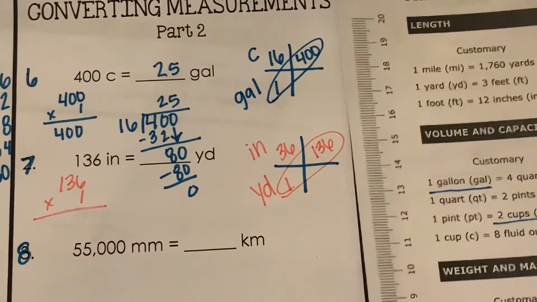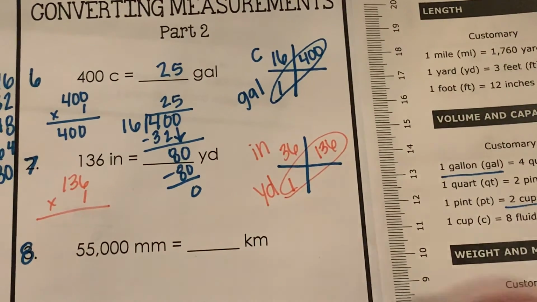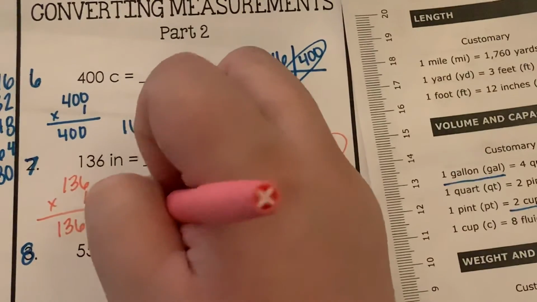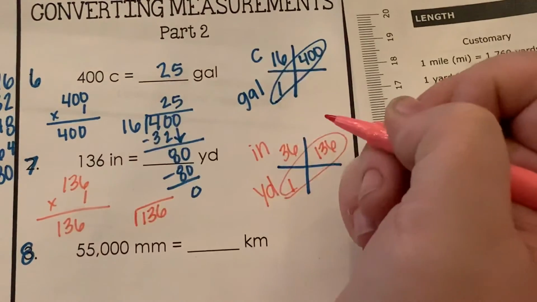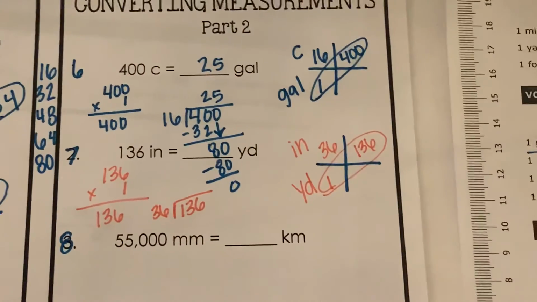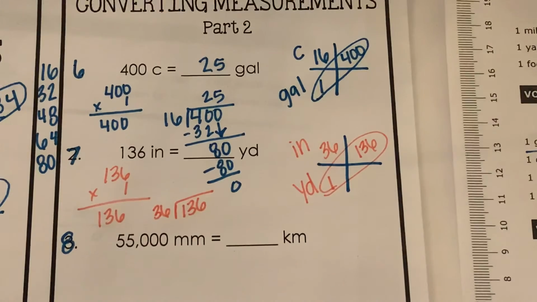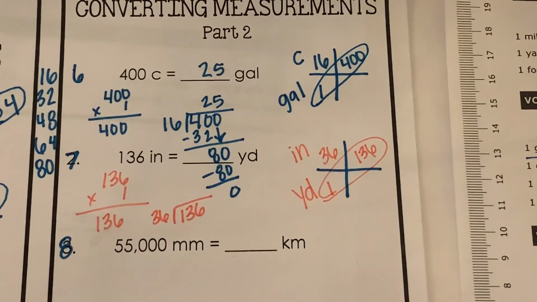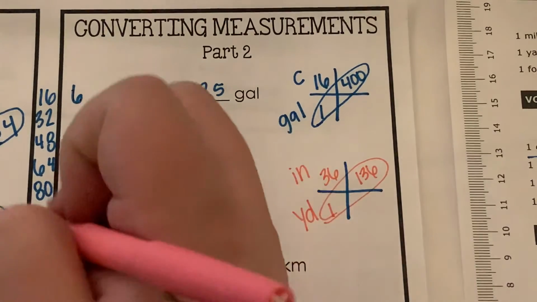You should be getting 25 gallons for number 6. Is that sounding right? Yes, ma'am. Good. And if you're having a hard time with these, please feel free to come in during IC and get help on your homework. I know today's kind of a weird day with IC, but 25 gallons.